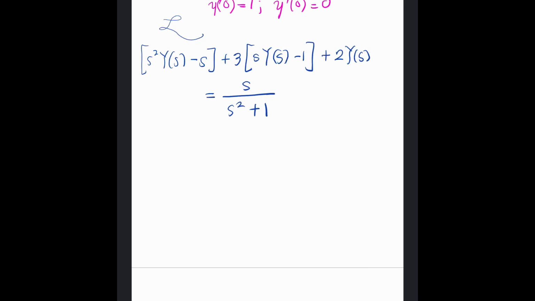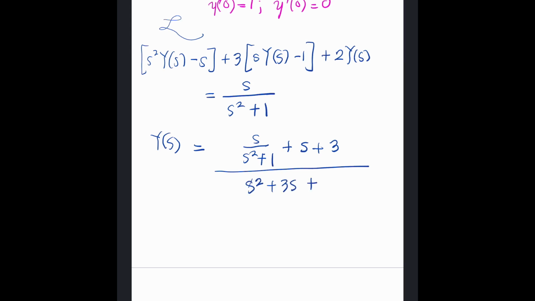Okay, so let us simplify. So you have y of s equals s over s squared plus 1. Okay, you have to add s and positive 3 here. And divide both sides by the coefficient s squared plus 3s plus 2.